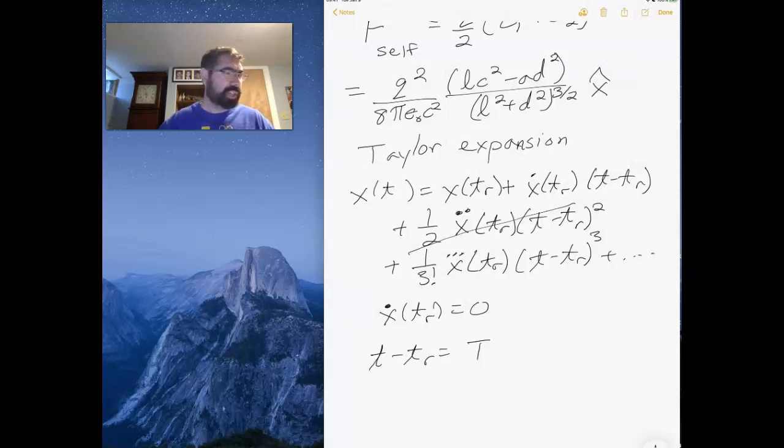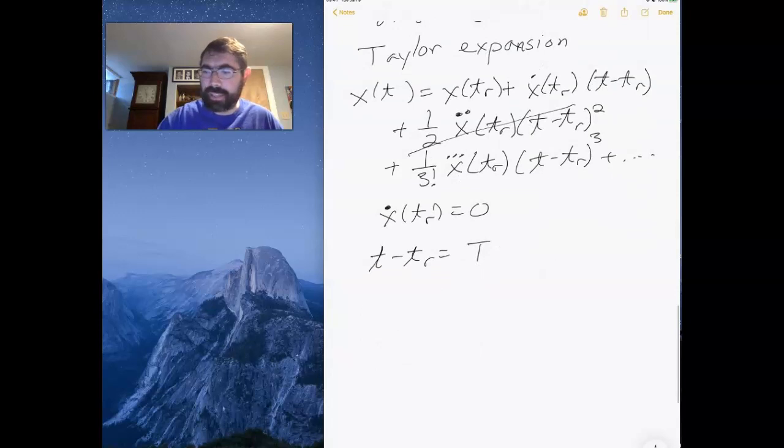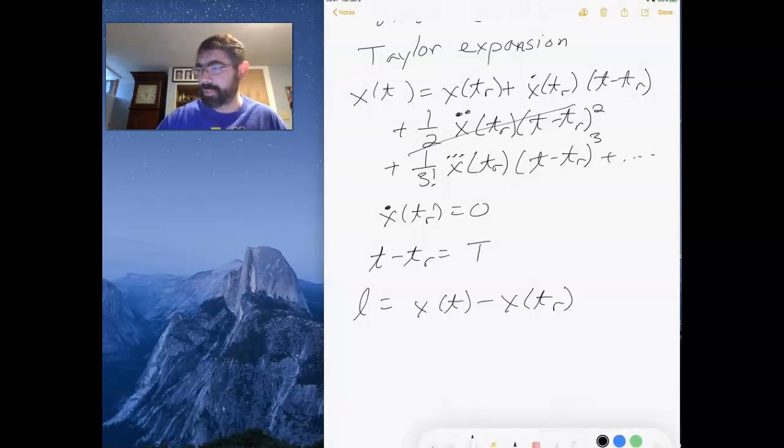And when I do that, the length L is just x at time t minus x at the initial time. So therefore I can subtract out this term and bring it over to this side and make it into an L.